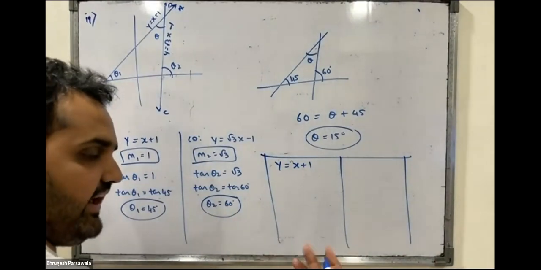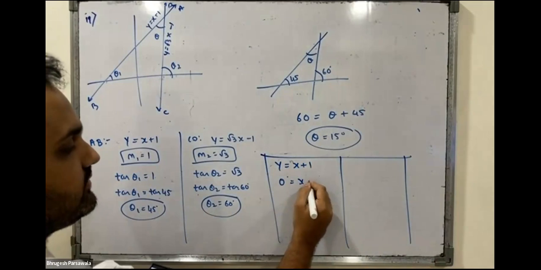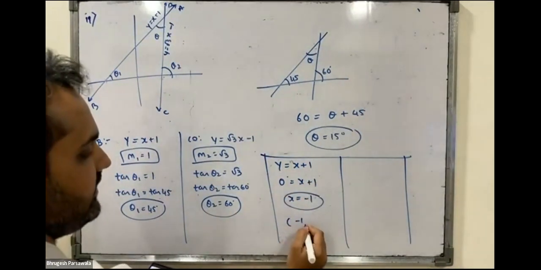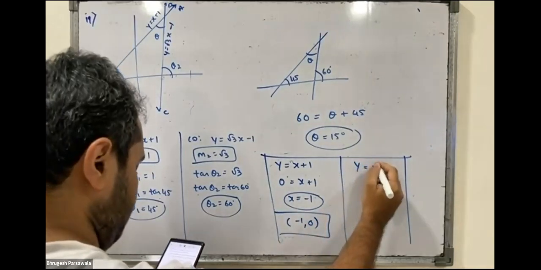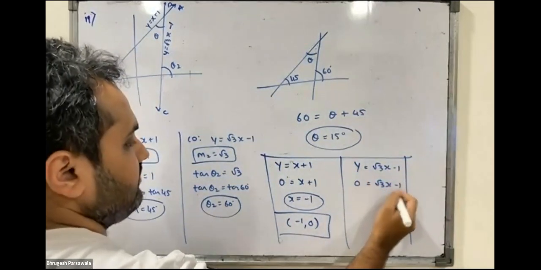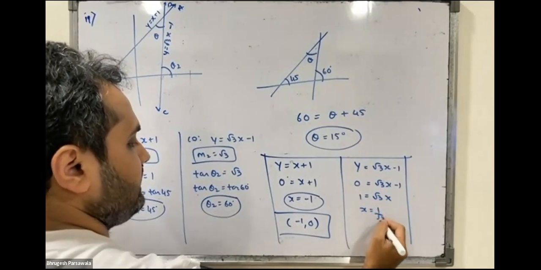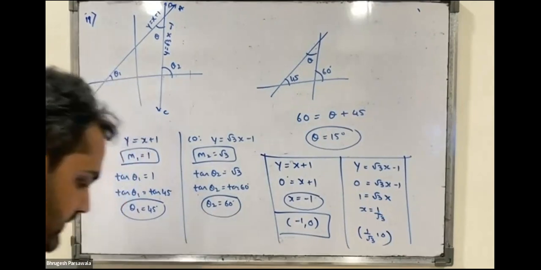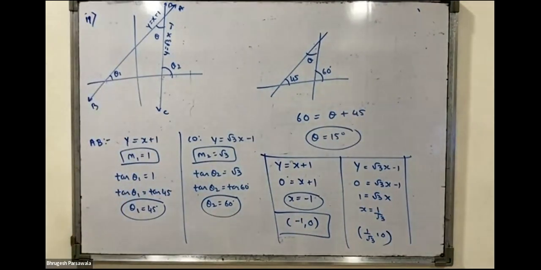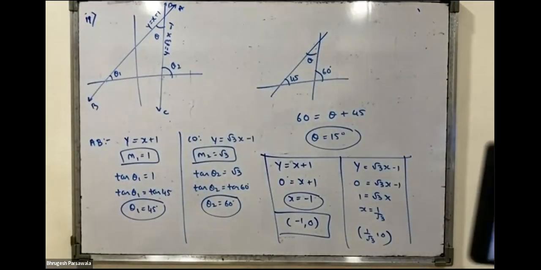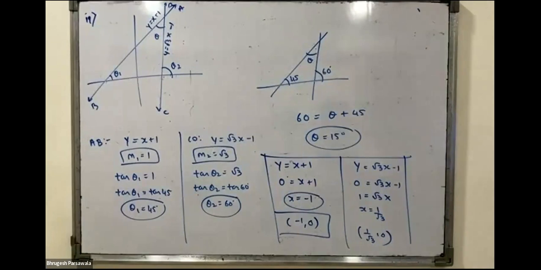But to find the point where it meets the x-axis, the point is (x, 0), y is 0. So (-1, 0). Okay, let us move ahead.